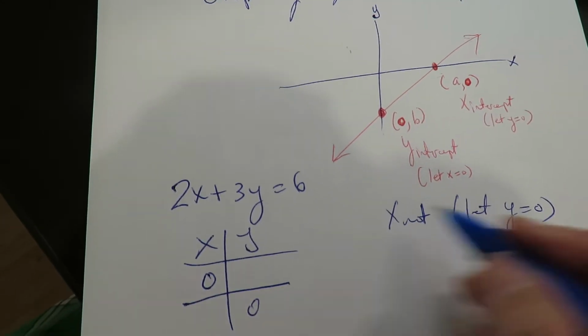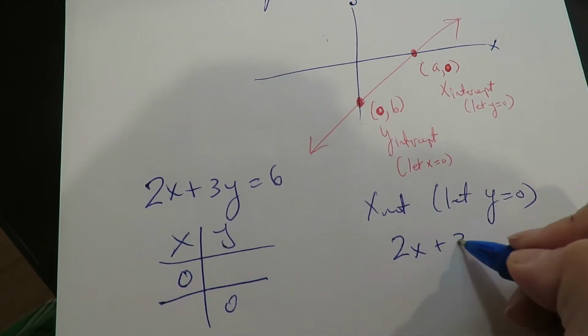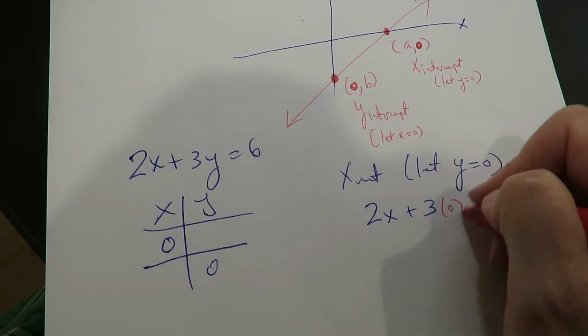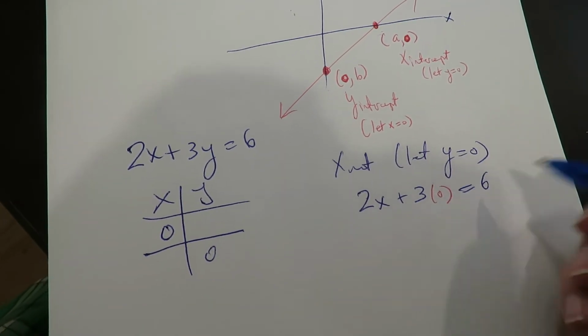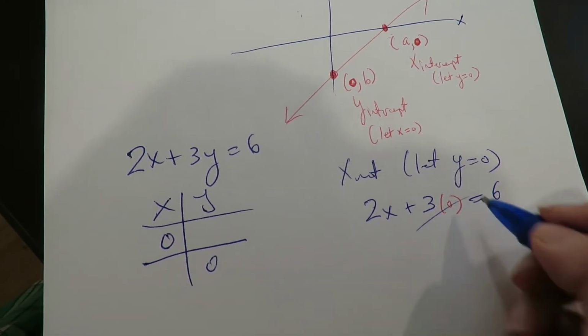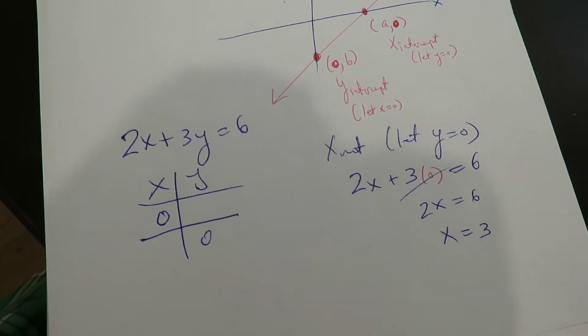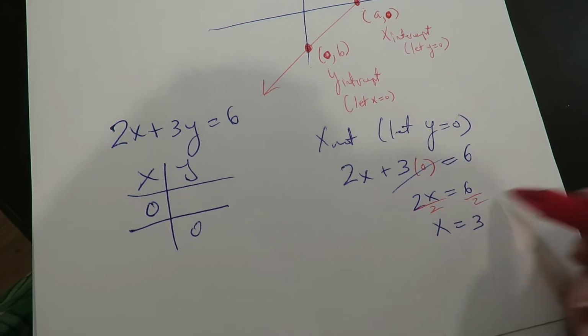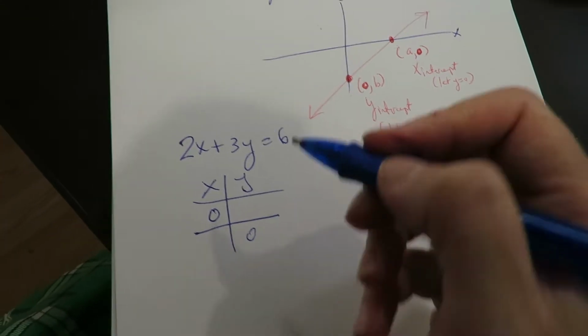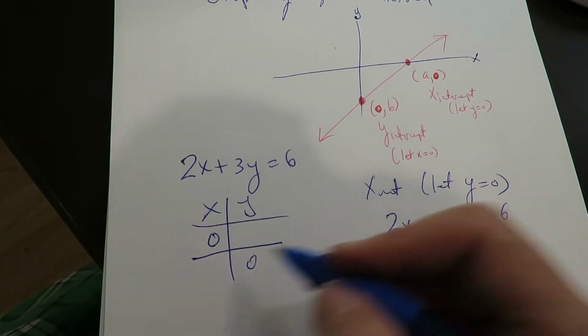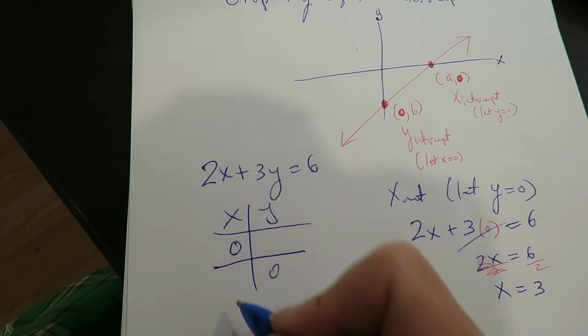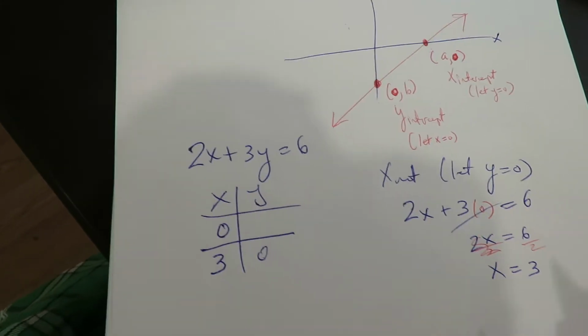So I'm going to let y be 0 in this equation. Three times 0 is 0, so that just goes away. So we're going to get that x is 3. I did the y-intercept first. I did this guy first.